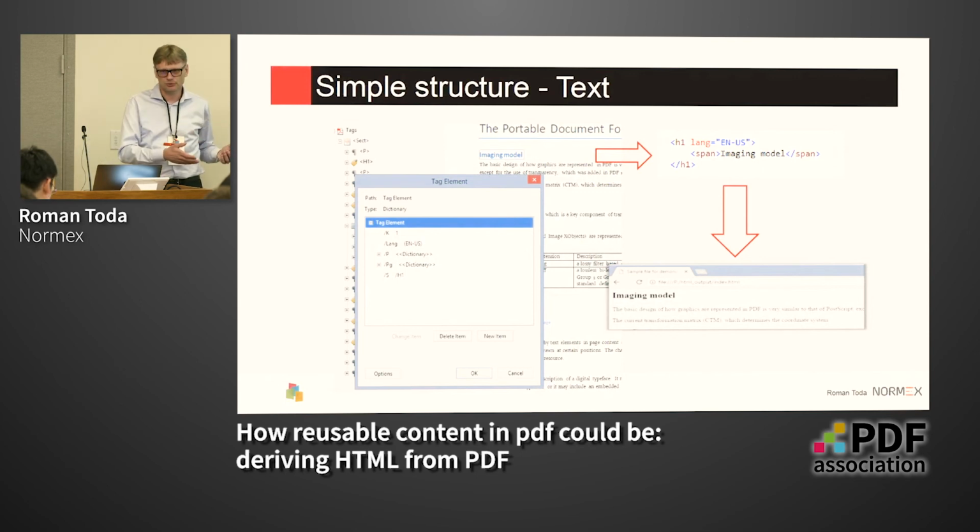Some attributes are new as well, but it's not that dramatic. Structure destination is one type of action you may use in 2.0. It was not in 1.7. It's an action that takes you from one structure element to another. Obviously, if you click on that link, it would take you to the content associated with the structure. From the top of my head, I guess that's pretty much all.